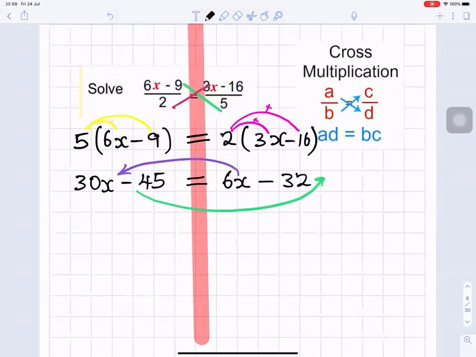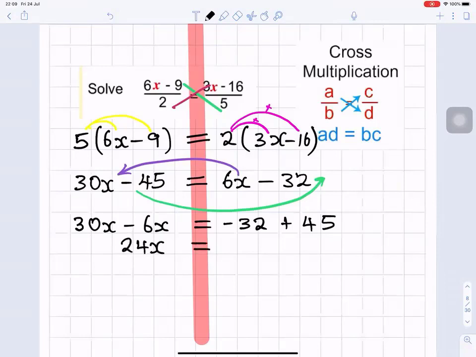So it becomes 30x minus 6x is equal to negative 32 plus 45. Right. So 30x minus 6x will give us 24x is equals to negative 32 plus 45.